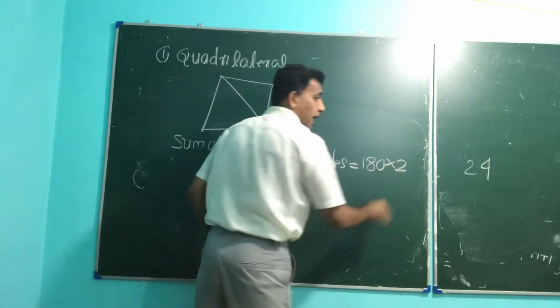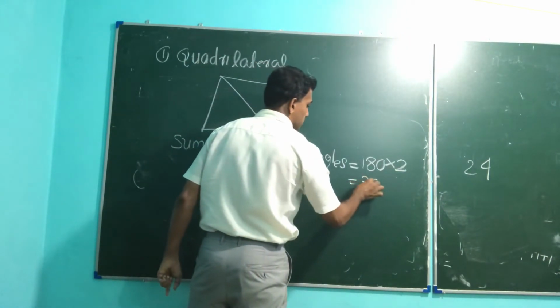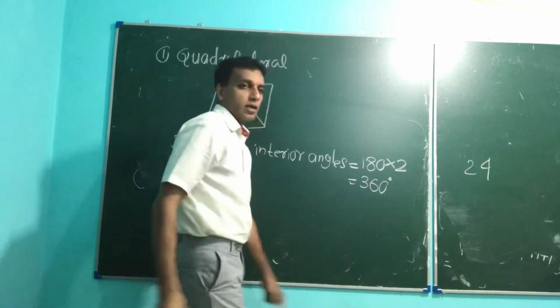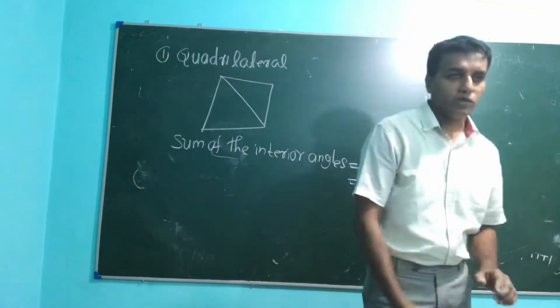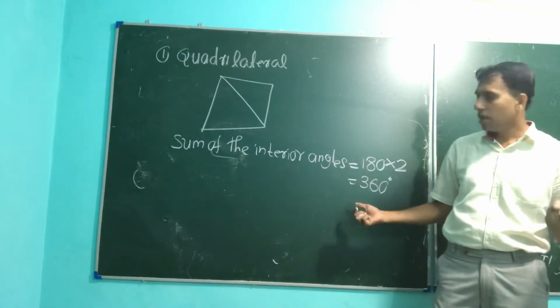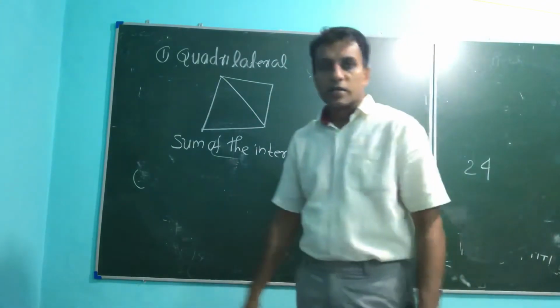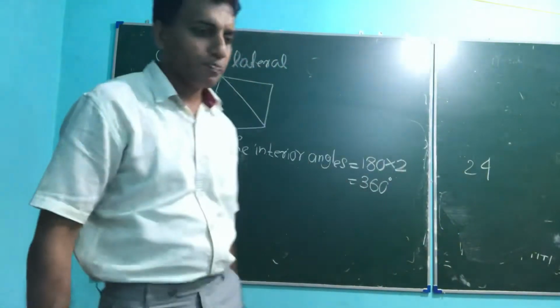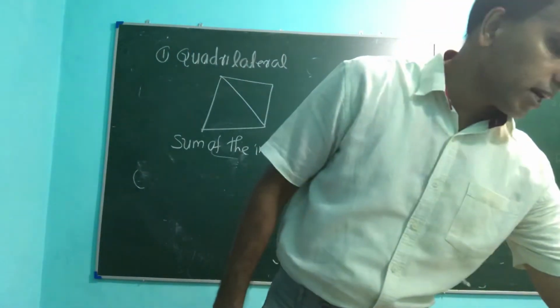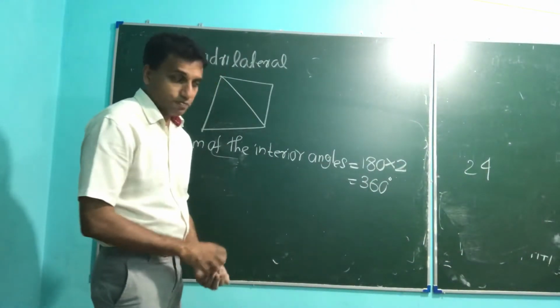Therefore, 2 triangles, 360 degrees. This is this method. Here we find the number of triangles and multiply by 180 degrees. How many triangles can be formed, multiplied by 180.